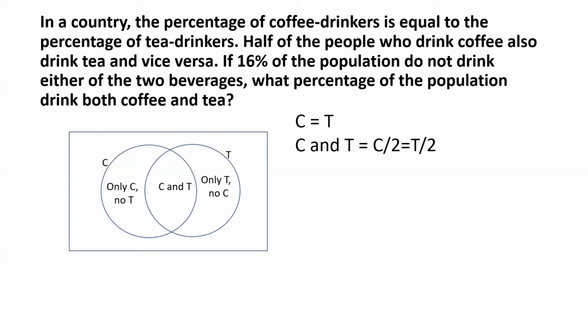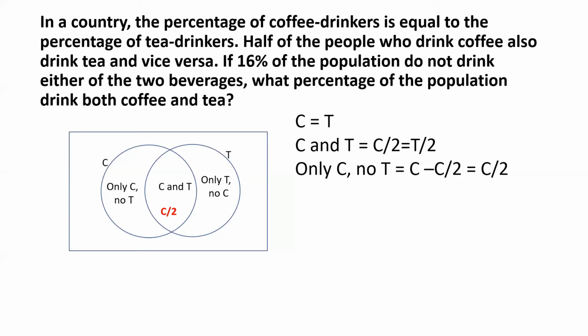That is the same as half of the tea drinkers, because the percentages of coffee drinkers and tea drinkers are equal. Now, we have this common area, and that's C by 2.